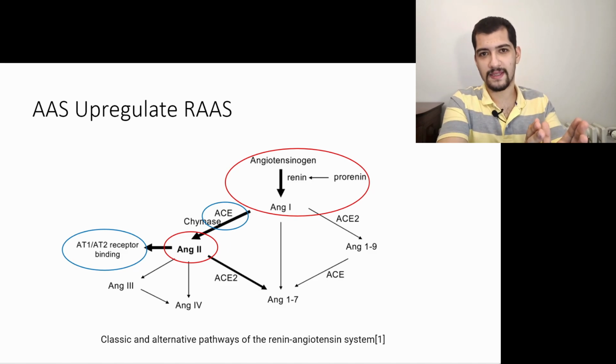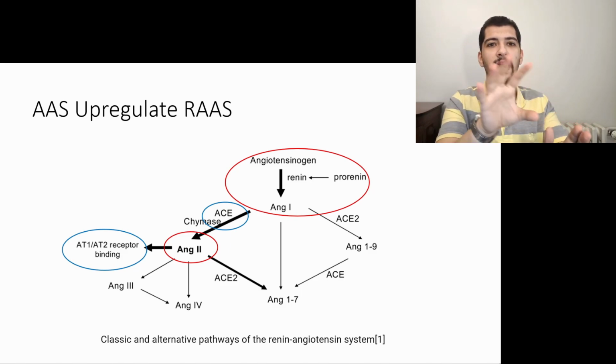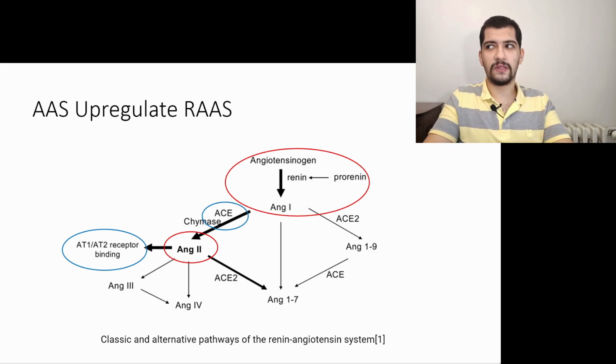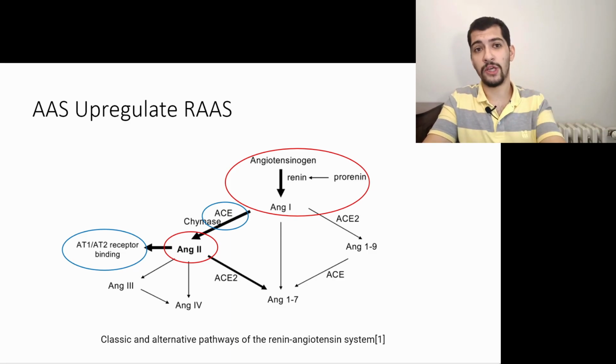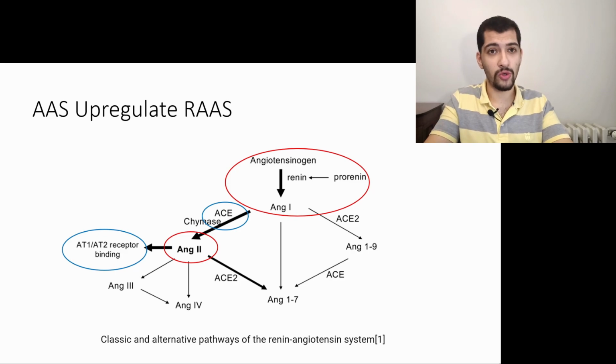Although the end result is very similar, there are many different aspects of how these drugs work. Like when you antagonize the AT1 receptor, the circulating angiotensin 2 is going to increase because of the feedback mechanism.